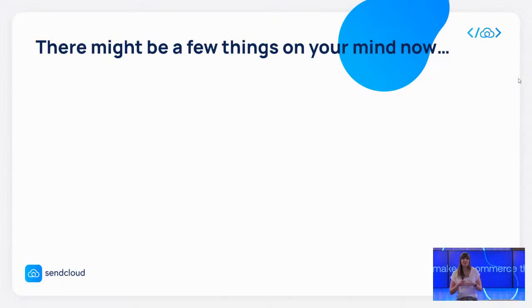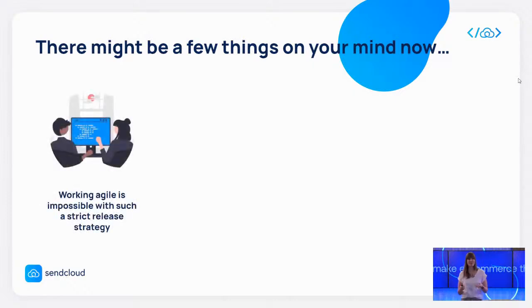Okay, so this might all sound very nice to you, but you might have a few things on your mind right now. First of all, you might think now working agile is impossible with such a strict release strategy. Nicole, what you're saying, it might work for SendCloud, but you're really not working agile anymore. I disagree on this point. As I said at the beginning, we release 10 to 15 times an hour.